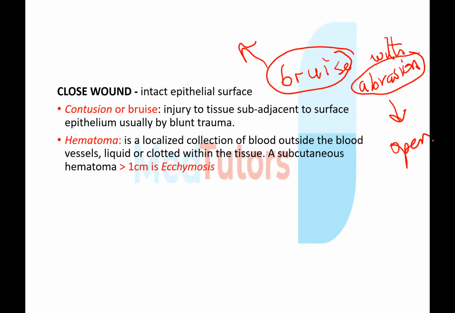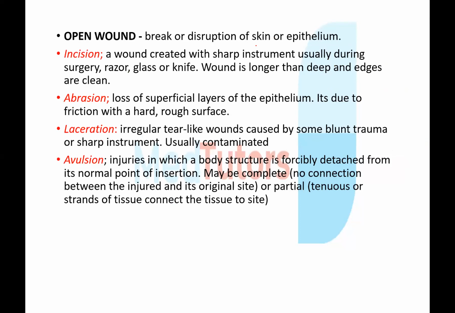It has extravasated and collected outside the effective circulating space. And of course, when this hematoma is in the subcutaneous tissue and more than 1 centimeter, it is called ecchymosis. So these are the two examples of a closed wound.